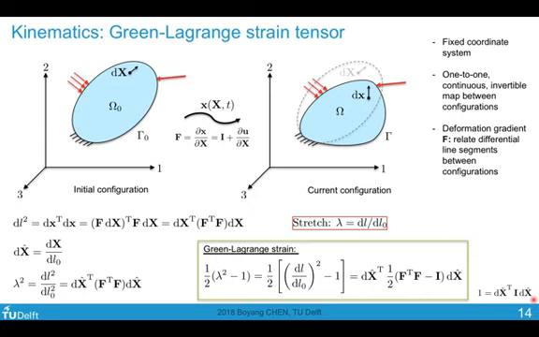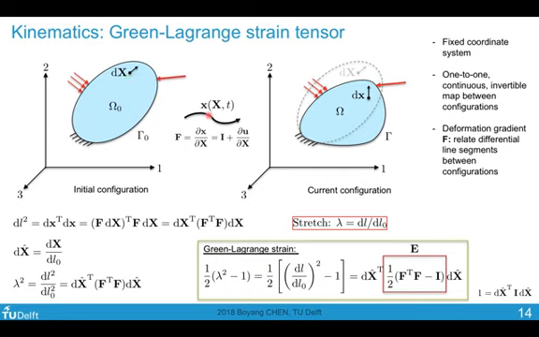The reason I do this trick is to sort out this nice matrix in the middle. This is our Green-Lagrange strain. The nice thing about this strain is that I do not have a square root operator, and I can sort out this matrix which is independent of the unit vectors. When I pre- and post-multiply it with a unit vector, I obtain the strain for the line segment along that direction.